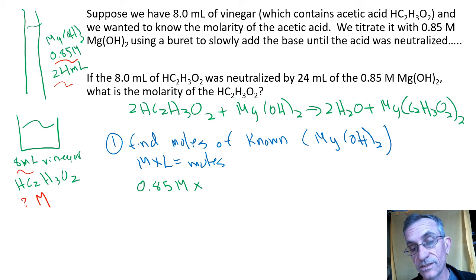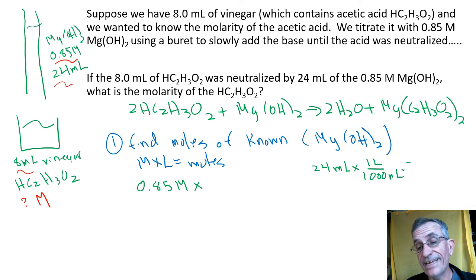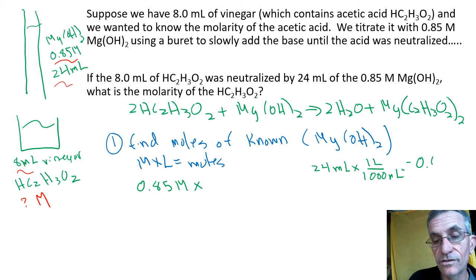So you have to convert to liters. Do you remember we've done this recently? You divide by 1,000. I'll write it out right here real quick, and I'll probably have to erase it in a minute because I need all the room I can get. If you divide by 1,000, how much magnesium hydroxide are you using? You're using 0.024 liters. That is our liters.